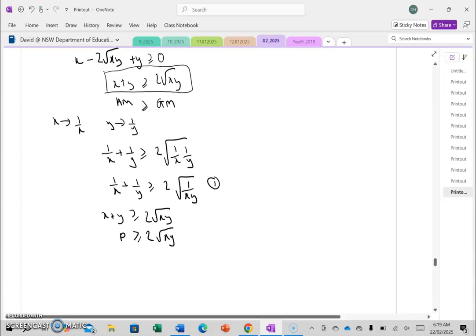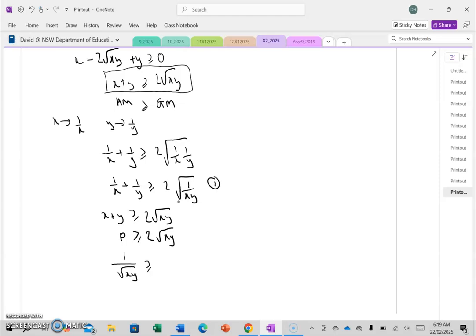Now I want it to be 1 over, so maybe I just need to manipulate a little bit. I'm going to keep the greater than or equal to, so I want it to be 1 over root xy greater than or equal to 2 on p. Now p is greater than 0, so that doesn't change the inequality sign, and obviously square root xy is greater than 0, so it doesn't change the inequality sign.